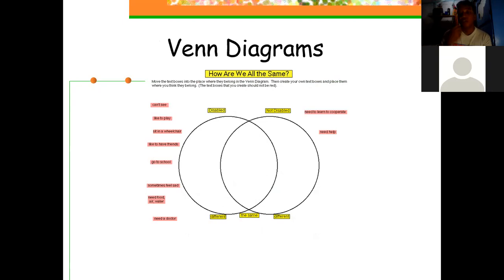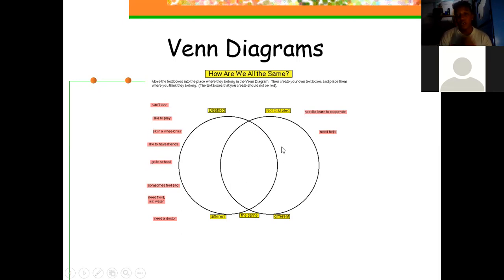In this diagram, you can create places where you think they belong. For example, you can see the differences and the same things about the two topics, right? For example, Messi and Cristiano Ronaldo. Both are soccer players. Both played in Spain.